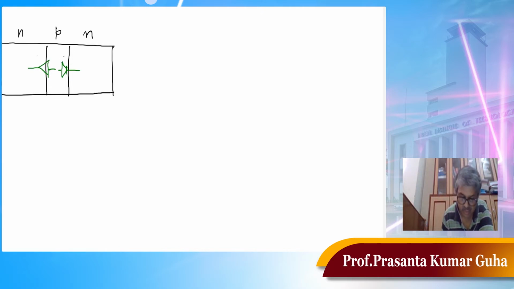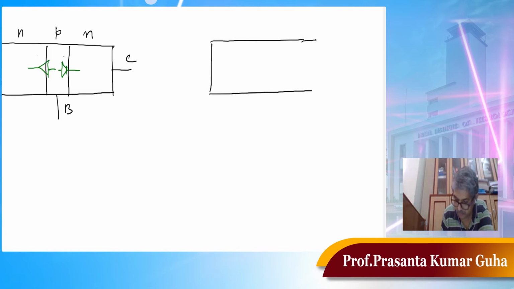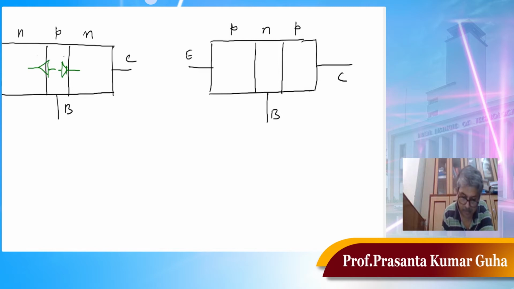Similarly, in case of PNP transistor, there are again two diodes.